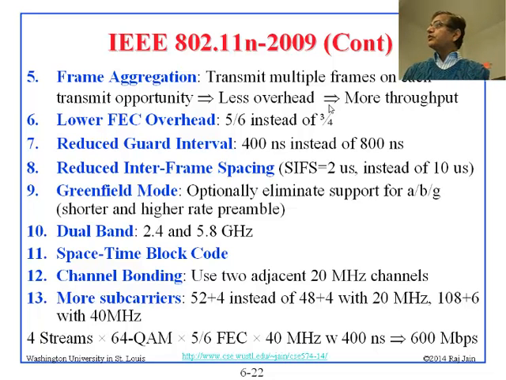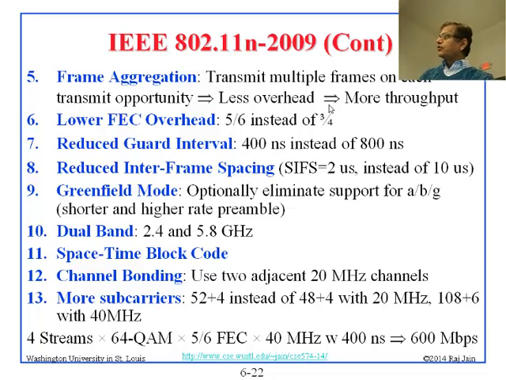Then there is a special coding called space-time block code, which I will explain. Channel bonding is that you can use 2 channels, so 40 megahertz. And then if you use 2 channels, you can even get more carriers out of them. With 20, you get 52 plus 4, instead of 48 plus 4, which was in A and G, which is at least 10% more.